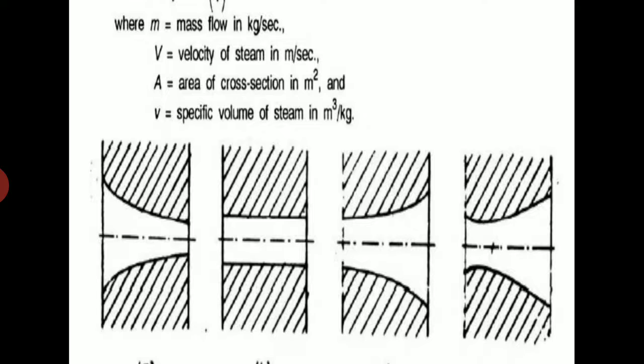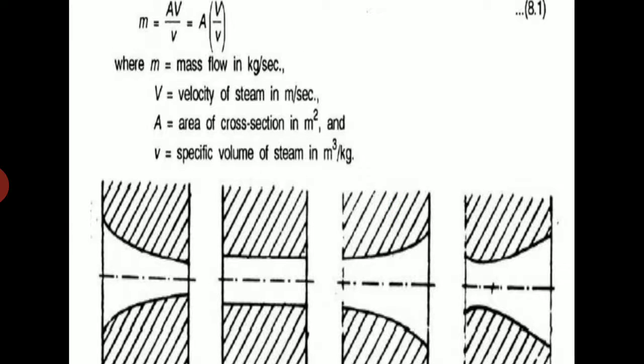Figure 3 represents a divergent nozzle, for a fluid whose V by v decreases with a drop in pressure.